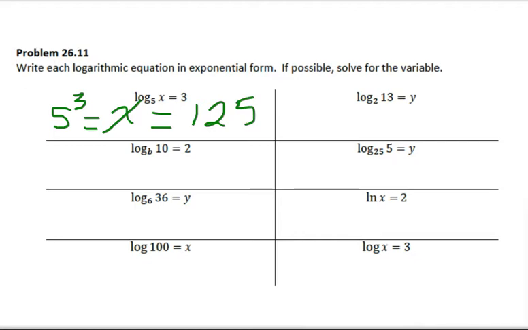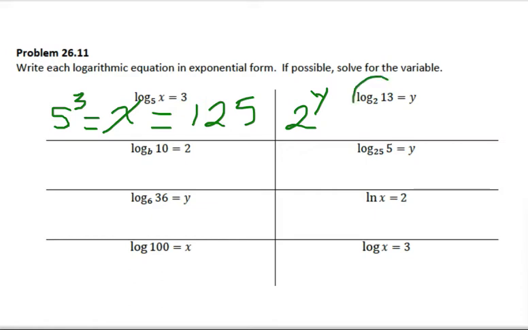Okay, so for the next problem, we have log base 2 of 13 equals y. In this case, the base will be 2 and the exponent will be y. So again remember the phrase, logs are exponents.